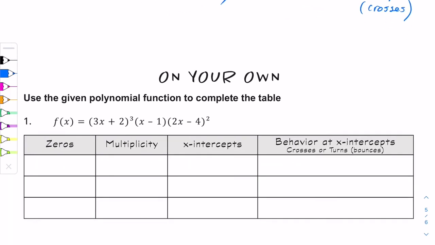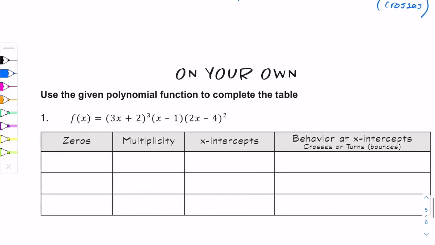Okay, and for the last on your own section, I'll actually go through this table with you because it's important for graphing and understanding what each part is. So we have a function, f of x is equal to (3x plus 2) cubed, times (x minus 1), times (2x minus 4) squared.